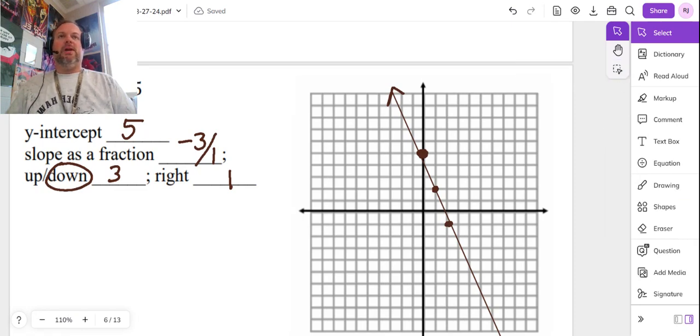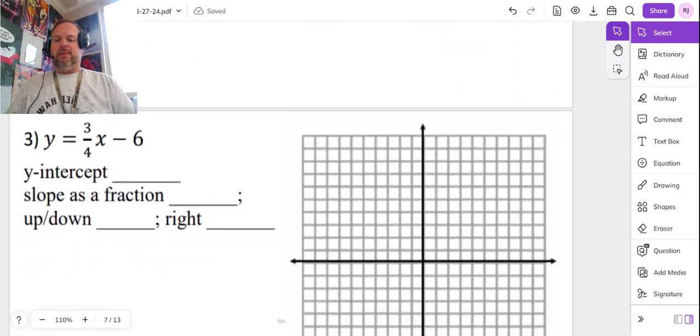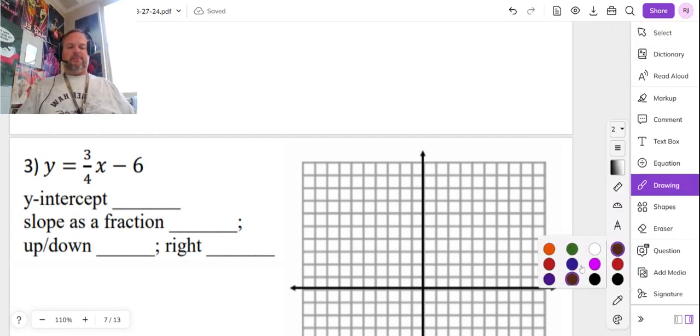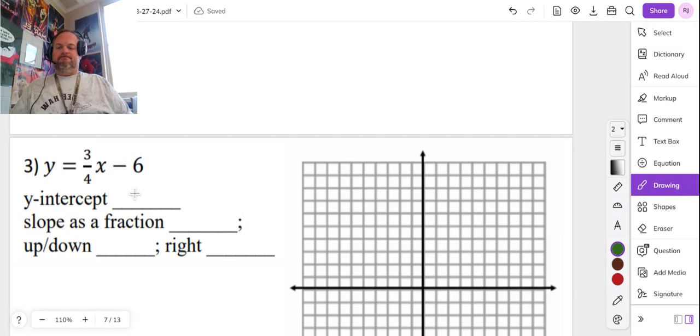How many more of these do we got? 2? Perfect. All right, number 3. Y-intercept. -6. Awesome. Thanks, students. All right, slope as a fraction. 3 over 4.